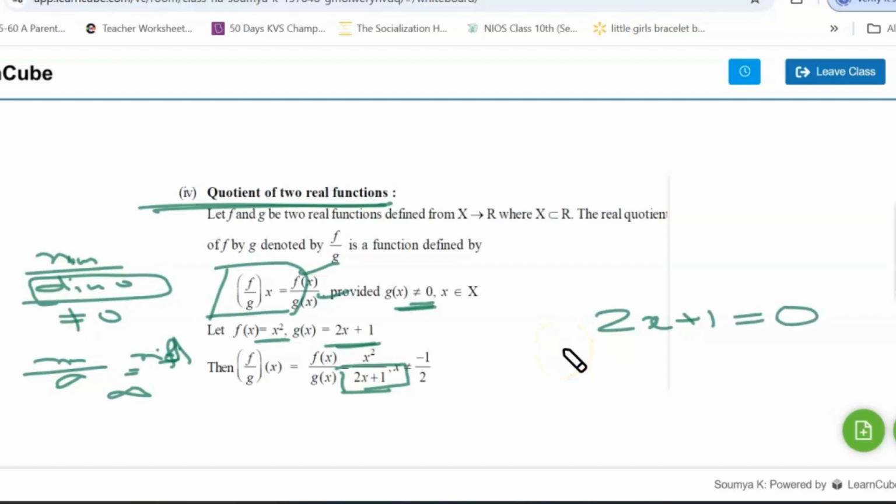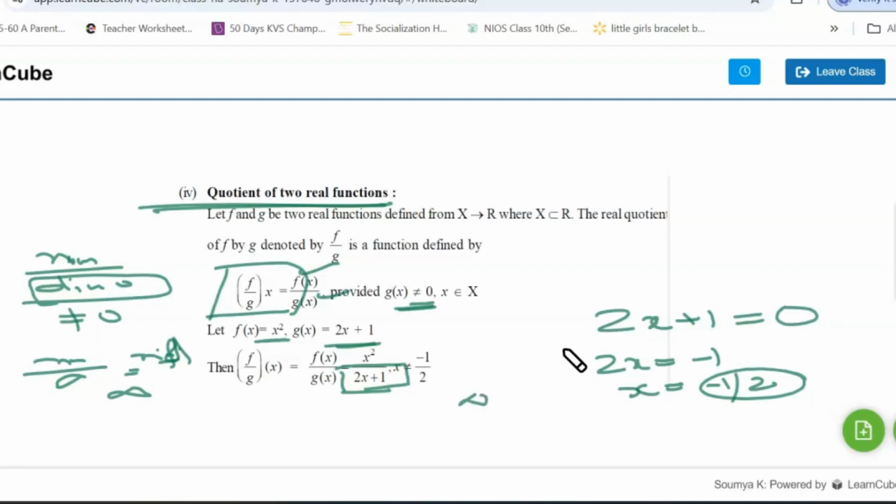So we have to find what value of x should not be used so that the denominator is not 0. For that we substitute it equal to 0 first, and then find 2x equal to minus 1 and x equal to minus 1 by 2. So this value should be avoided. If not, the denominator becomes 0 and the whole function will become not defined or infinity. So that should be avoided.